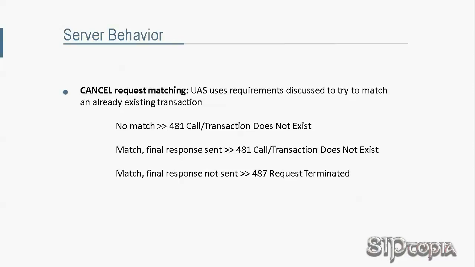Finally, if there was no final response sent out, the user agent server should immediately send 487 Request Terminated response and remove the transaction. User agent server also sends back 200 OK to indicate that it accepted the CANCEL request.